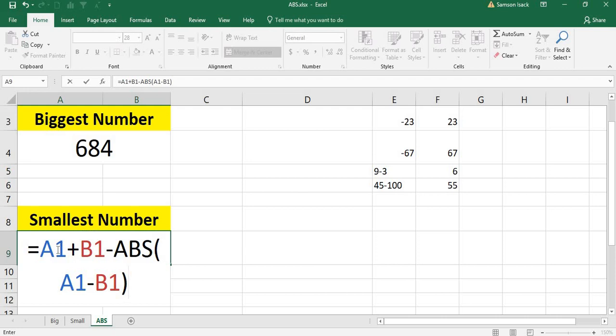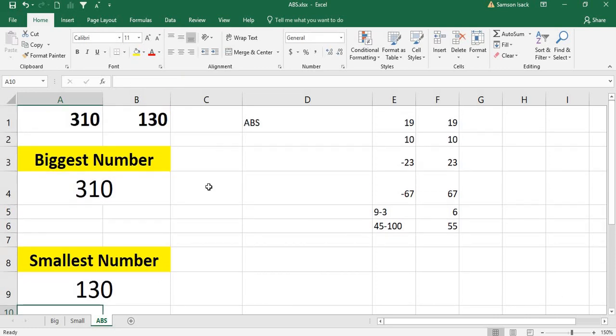In case B is the biggest number and A is the smallest number, I am subtracting the difference of these two numbers from B. This will give the smallest number, because we subtracted the difference, so B becomes A, so it is 2 times A. This whole statement gives you 2 times the smallest number. So I simply divide by 2.